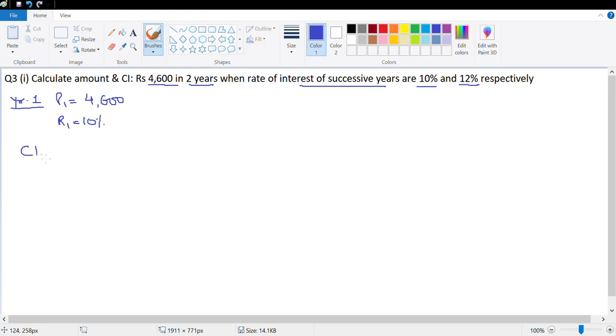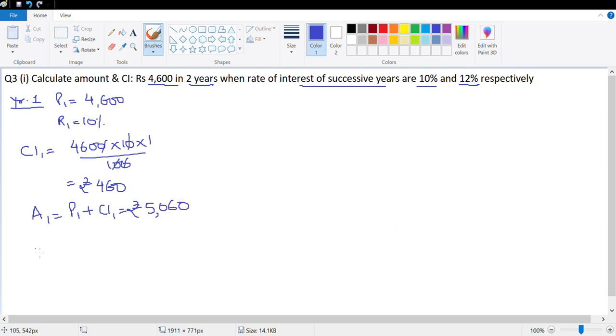So compound interest for first term will be equal to principal into rate into time upon 100, which is equal to rupees 460. So amount 1 will be equal to principal 1 plus interest 1, which is equal to 4600 plus 460, that's 5060.